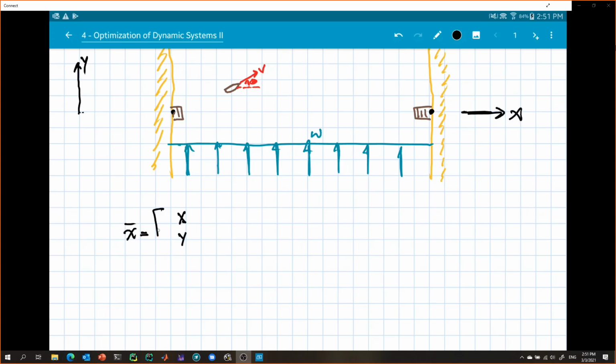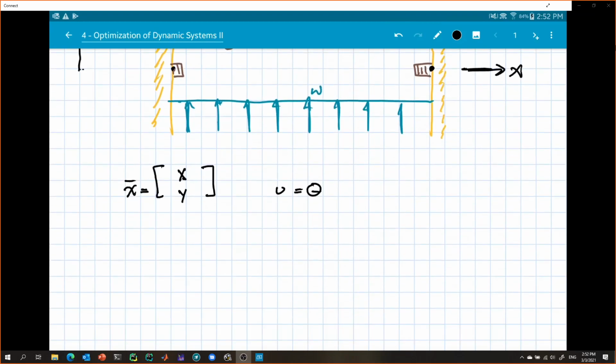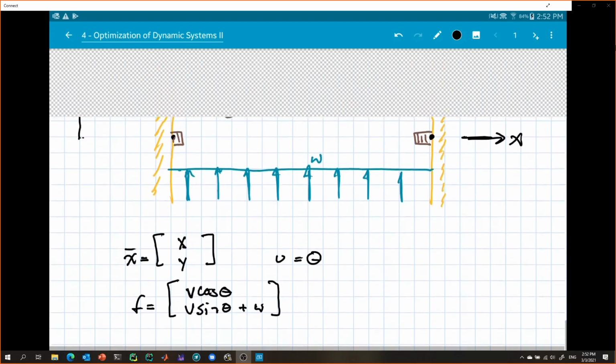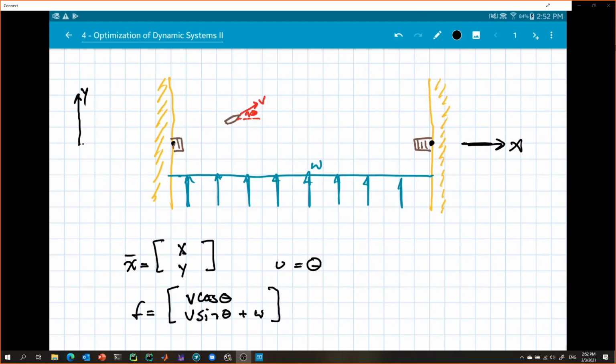This one has two states, x and y. And then u is equal to theta. So f is equal to V cosine theta, and then for y, V sine theta plus w. Alright, hopefully that's pretty clear where I got that from.